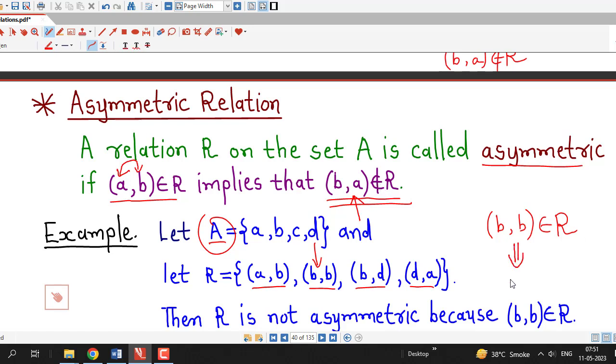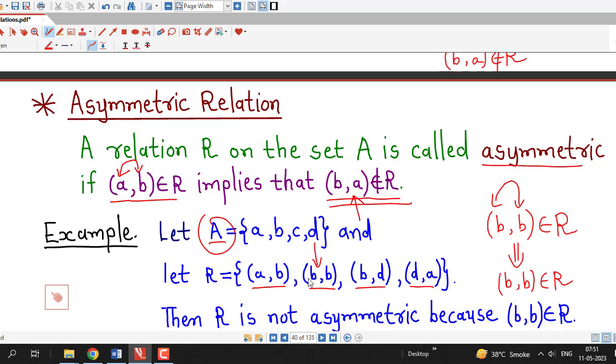So here if I change the order of these two components, then I obtain the same element and that is present in relation R. Therefore, R is not asymmetric.